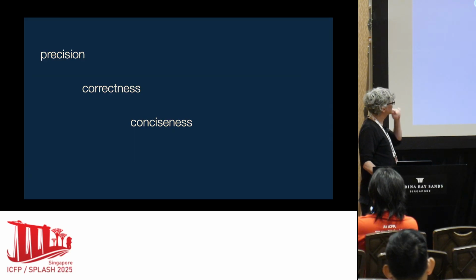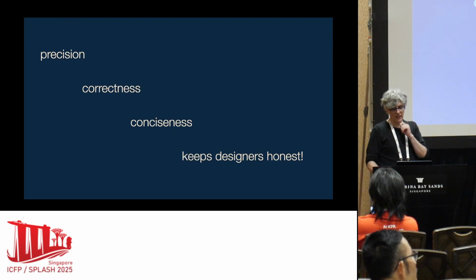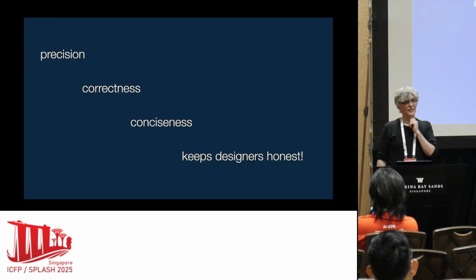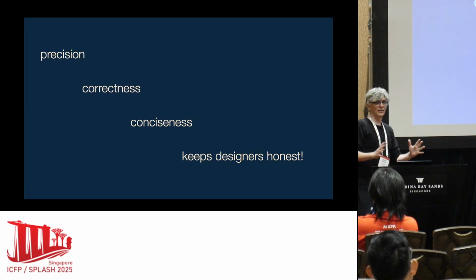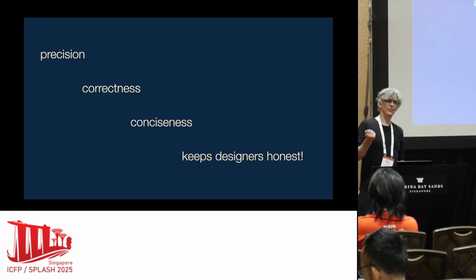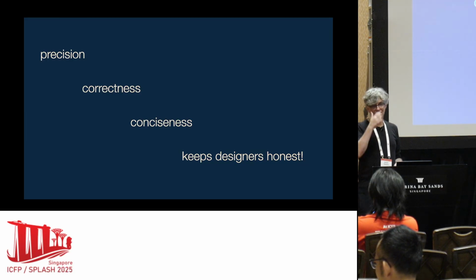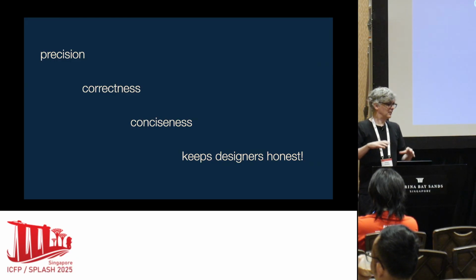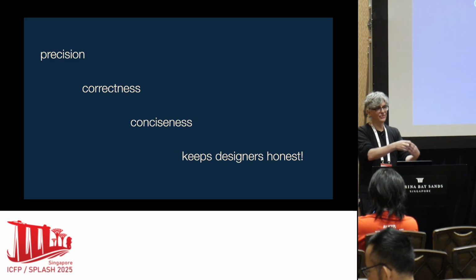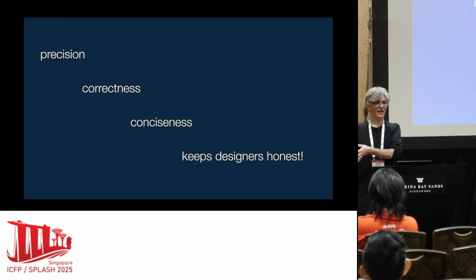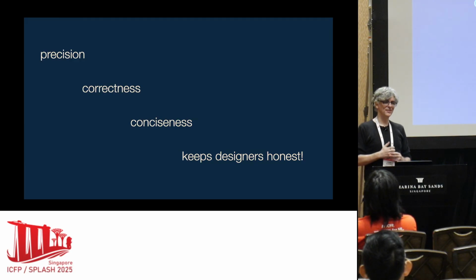And then there's a last advantage, which is often overlooked, that it also has an impact on the design itself. So when you design a language with formalization in mind from the beginning, this creates a very important feedback loop. It forces you as a designer to stay honest, right? You can't cheat anymore. So when you design a feature and you have to formalize it, and it turns out the formalization gets really complicated, or you design a new feature and you see that it doesn't fit what you had so far quite well, then chances are there's something wrong with your design.